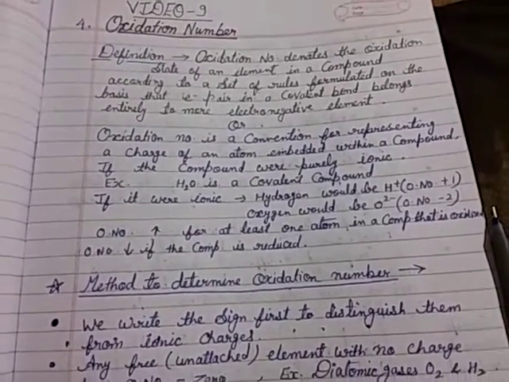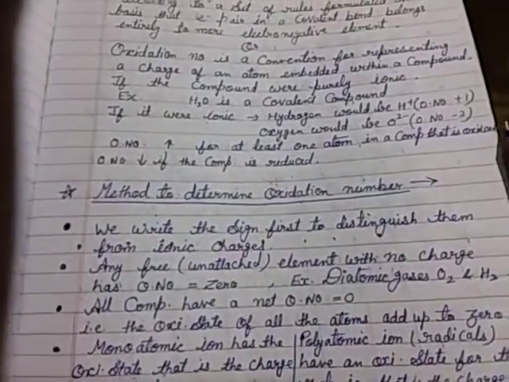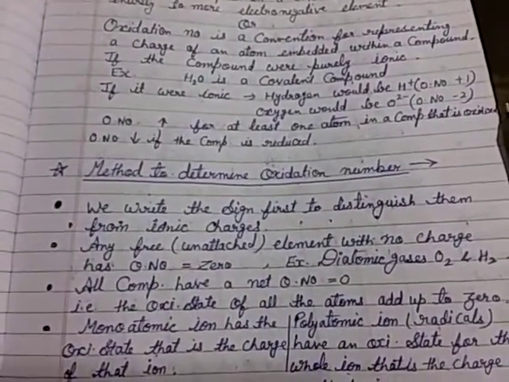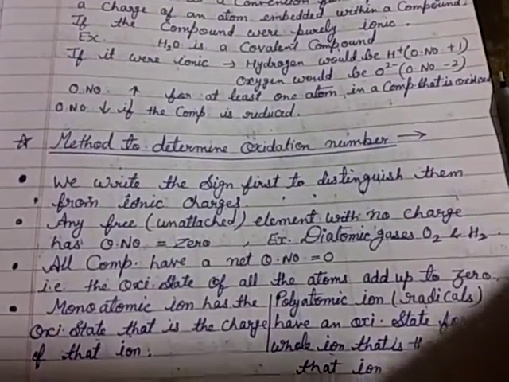Then, methods to determine the oxidation number. First, we write the sign first to distinguish them from ionic charges.